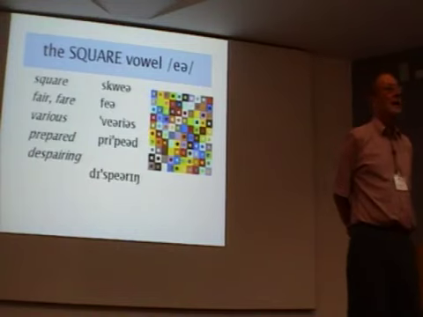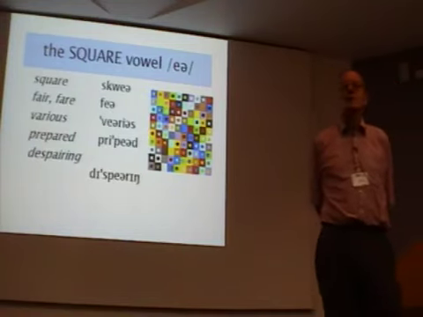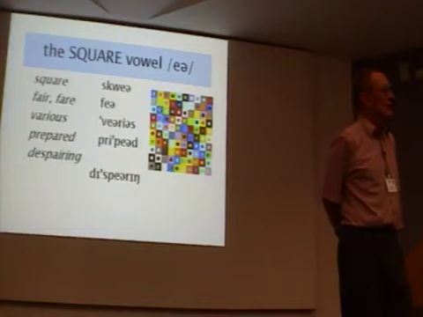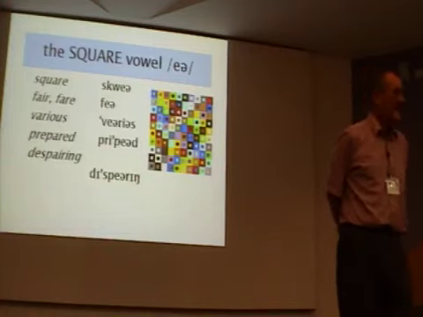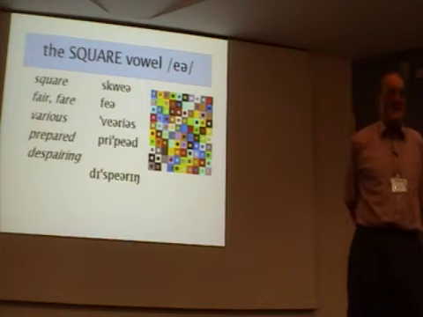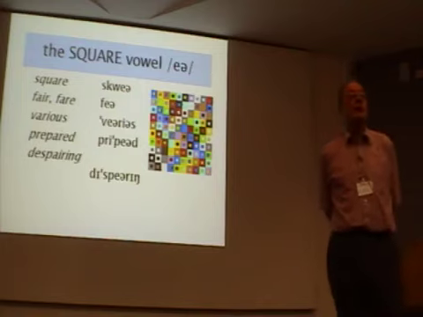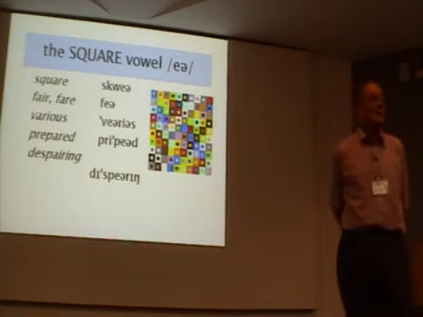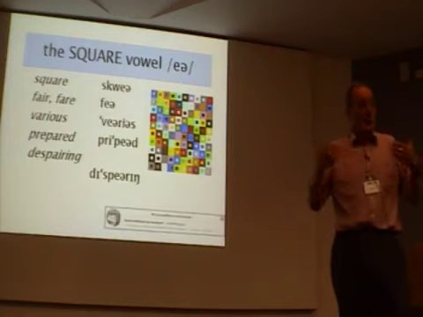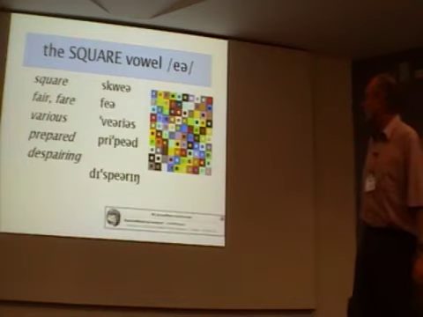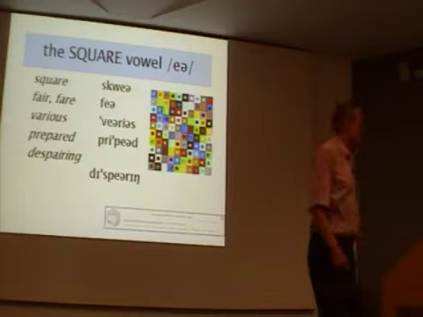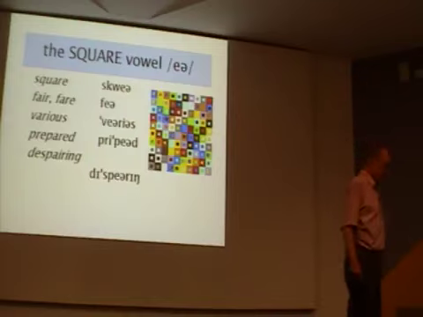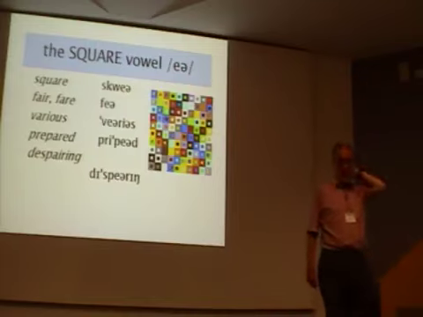But quite a substantial number of British people now pronounce this as a monophthong and say square, fair, share. If that's easier for you, by all means do it, but don't feel you must do it, because there are plenty of people who, like me, pronounce it as a diphthong. There's certainly no need to change the transcription on this account.